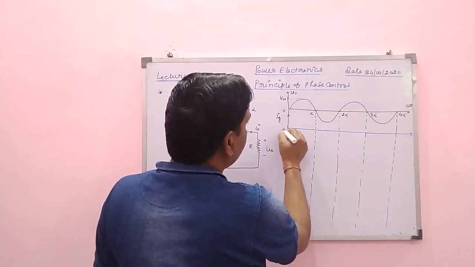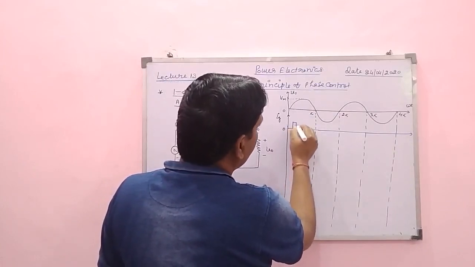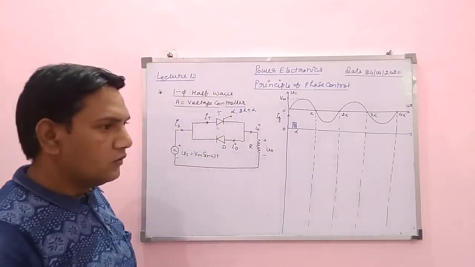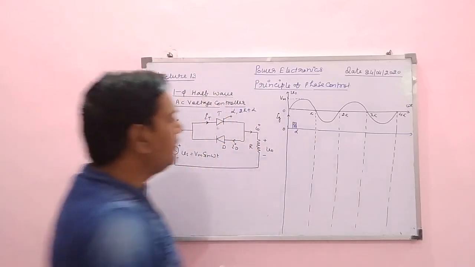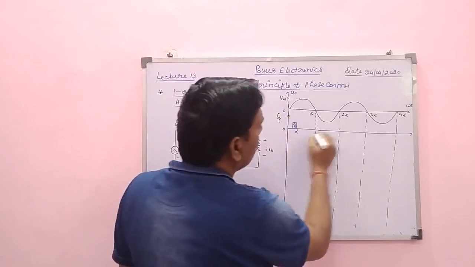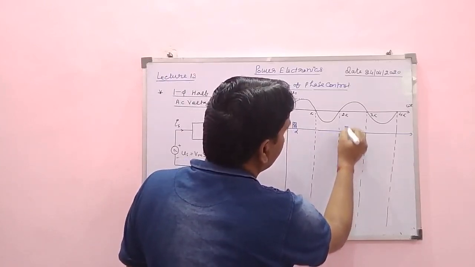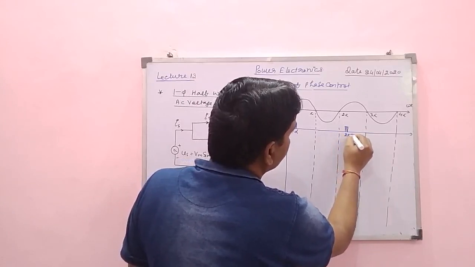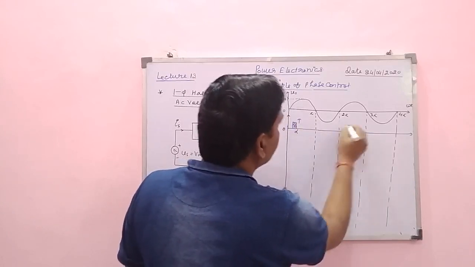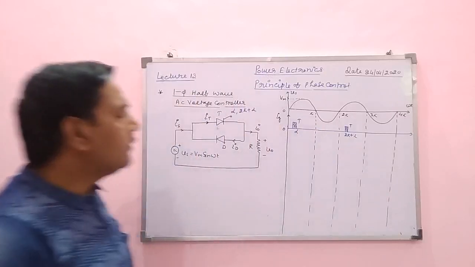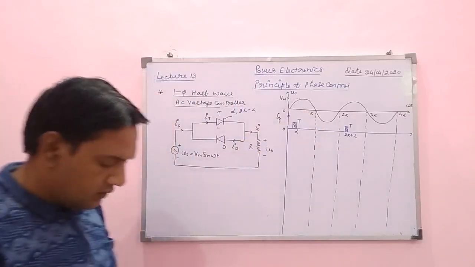So we are providing a gate pulse at an angle of alpha like that. This is the triggering angle alpha. This thyristor will be triggered at alpha, and again at 2 pi plus alpha. This is the triggering of thyristor T, and during the negative half cycle this diode will act.